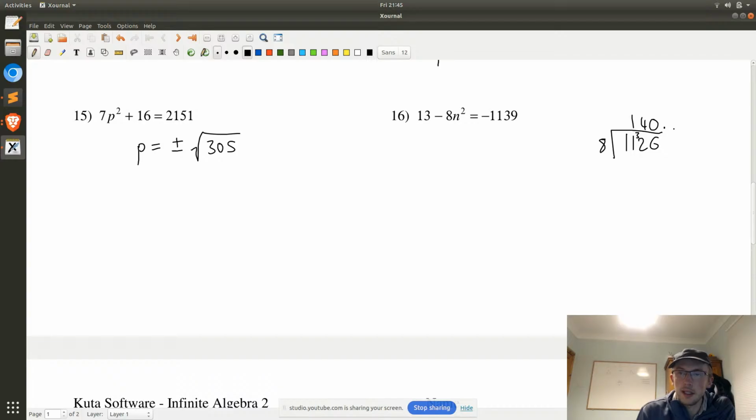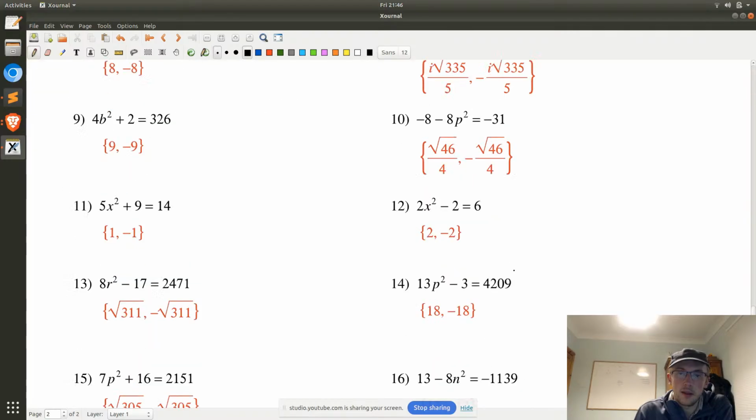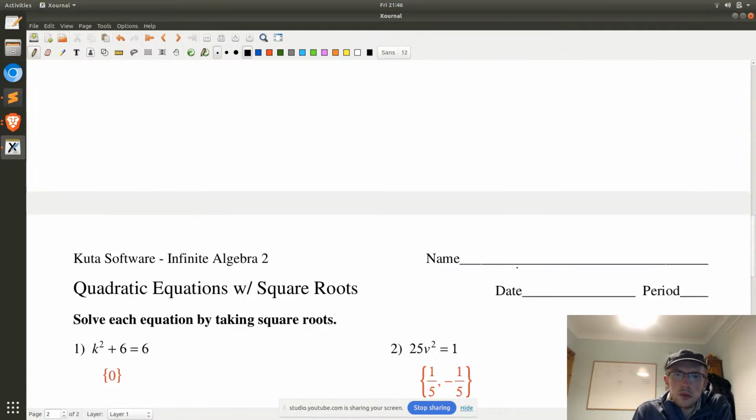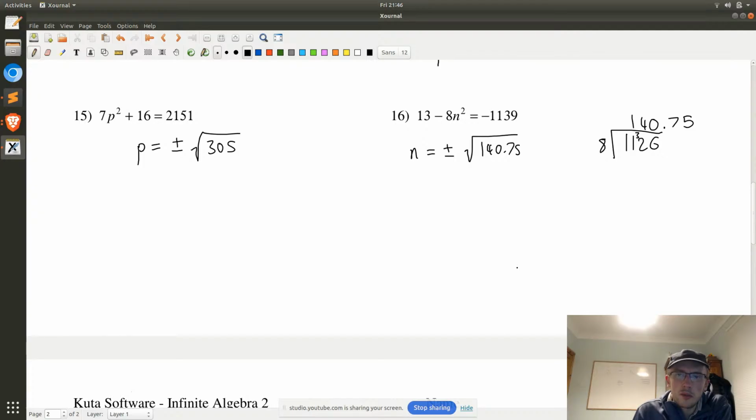And 60 divided by 8. Well, that's like 7. And then there's 5 left over. So 140.75. Really? Well, if it says so, n plus or minus root of this bizarre thing. I didn't think so. No. How is that possible? Did I just completely mess that up?